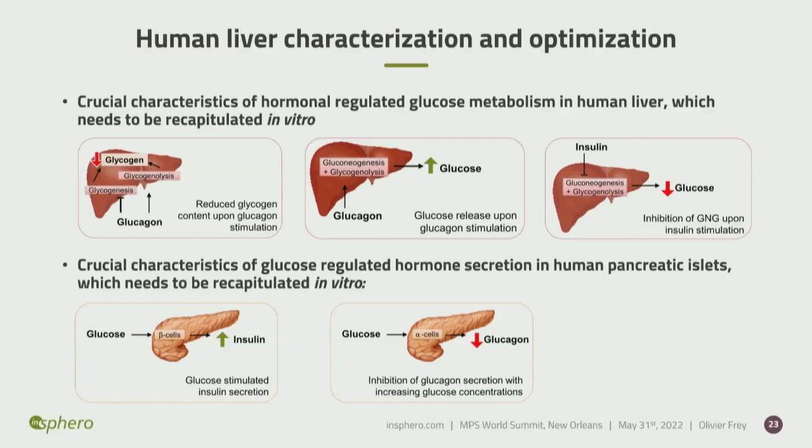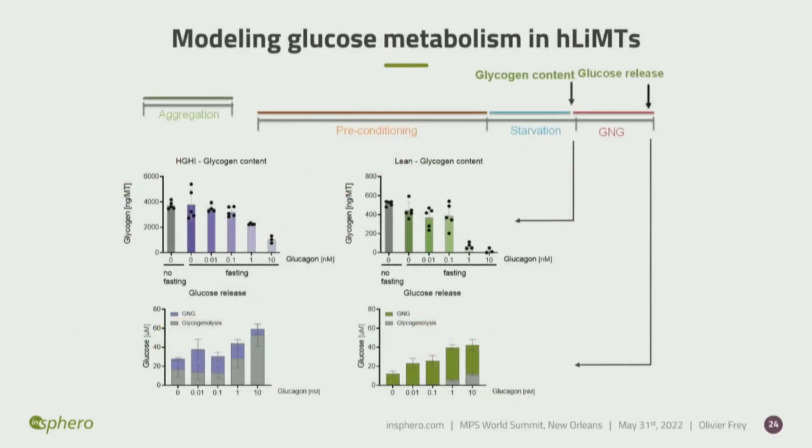On the other hand, we have the islet model very similarly, where we want to understand how the insulin is increasing or being reduced upon stimulation of glucose. So using a very similar protocol that I have shown before, we are able to have this dependent secretion, this dependent uptake of glycogen, for example, and the difference of uptake of glycogen if we take a model that has been incubated with high glucose, high insulin stimulations, or a lean model, let's say, that we have cultured in the standard condition, as can be seen here in these two graphs.